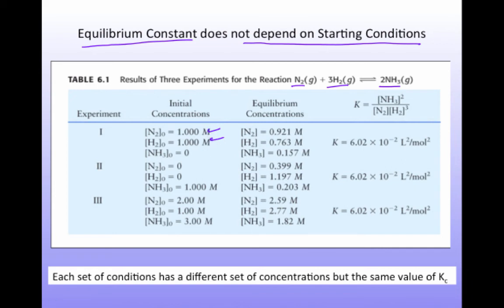And then I let the whole thing come to equilibrium, and lo and behold, I have a little nitrogen left. I have some hydrogen left. You see, I have less because for every mole of nitrogen, I've used 3 moles of hydrogen. And then I made some ammonia. If I take these concentrations and I plug them into Kc here, I get some value for the equilibrium constant under these conditions.